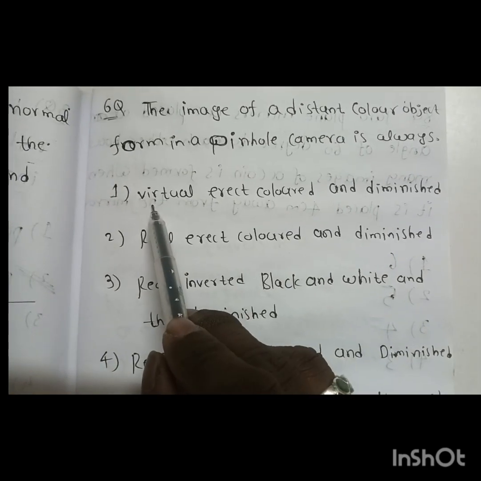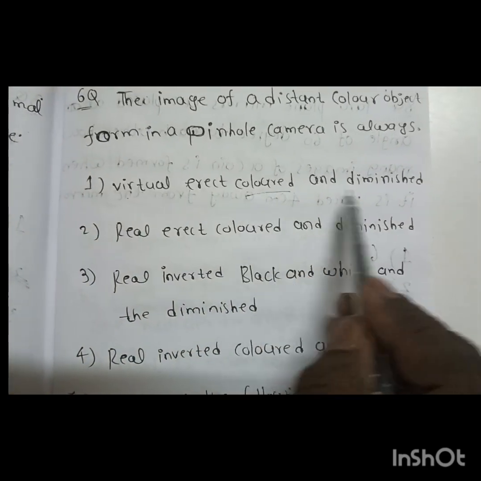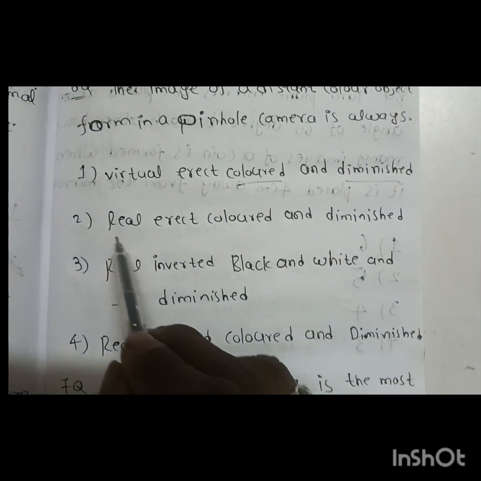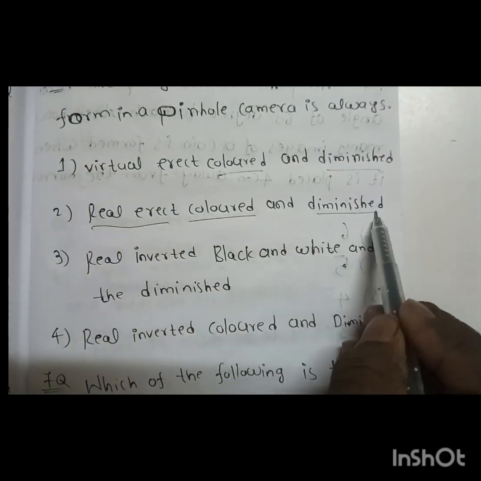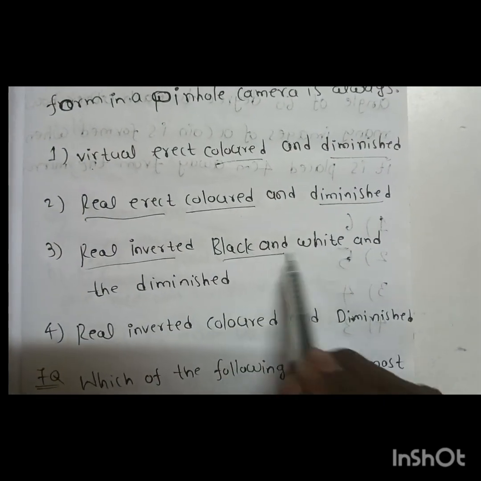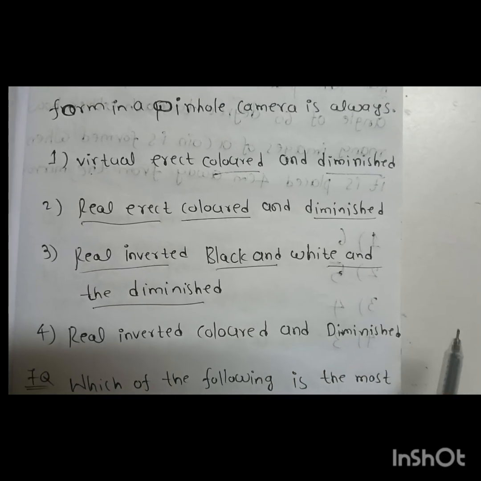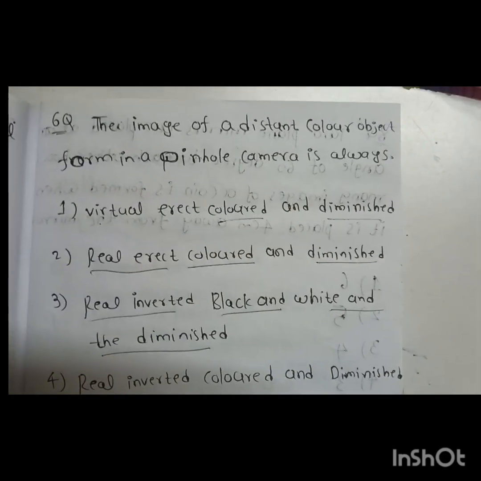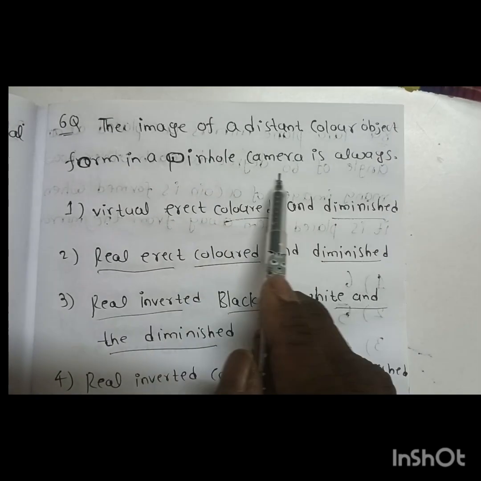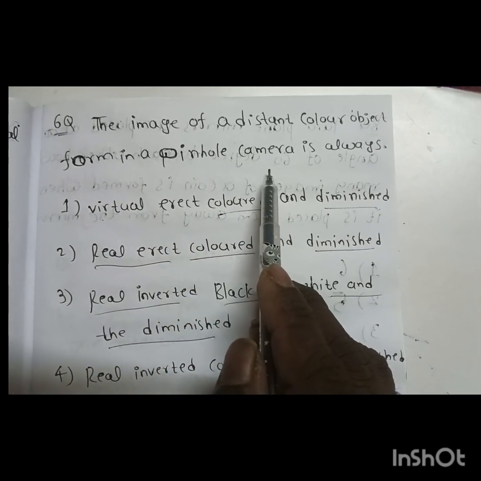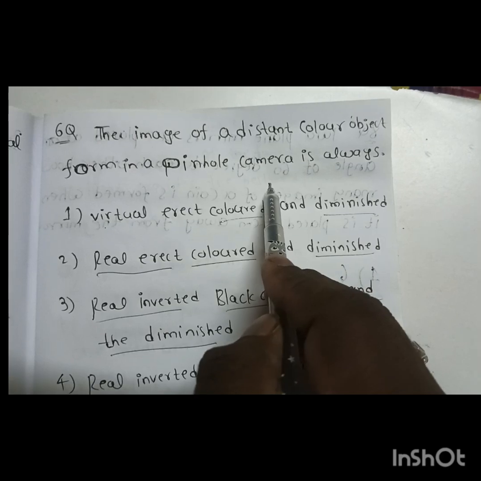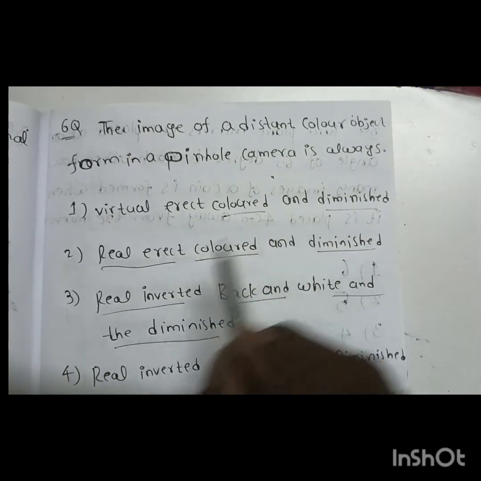The options are: virtual, erect, colored and diminished; real, erect, colored and diminished; real, inverted, black and white and diminished; real, inverted, colored and diminished.